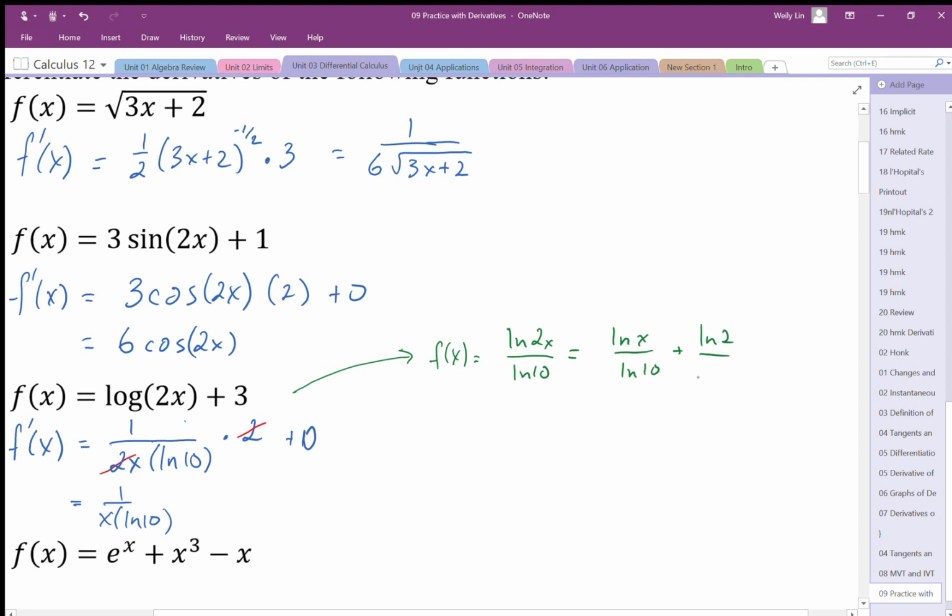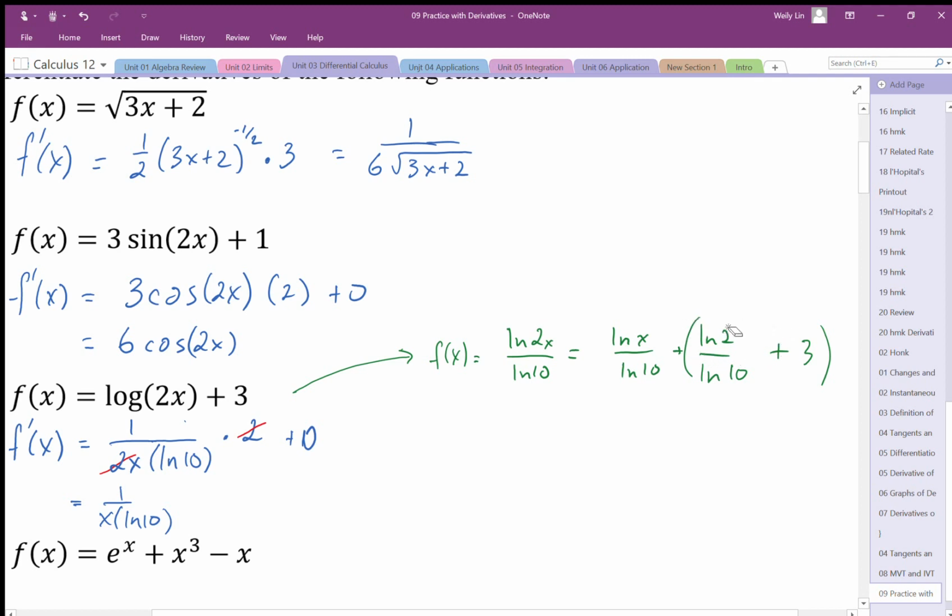And log 2 over log 10 is really a number. So all this is really a constant. So the reason why that 2 cancels out is because really the horizontal compression can be factored out as a vertical expansion, and then that doesn't affect the graph at all.